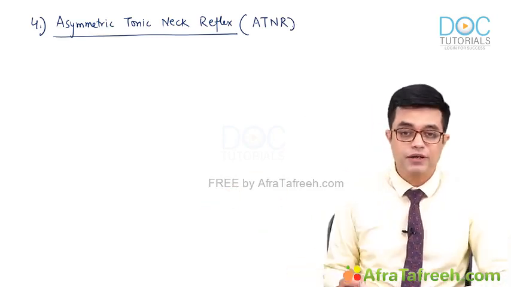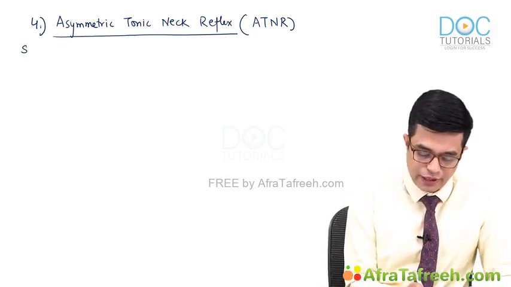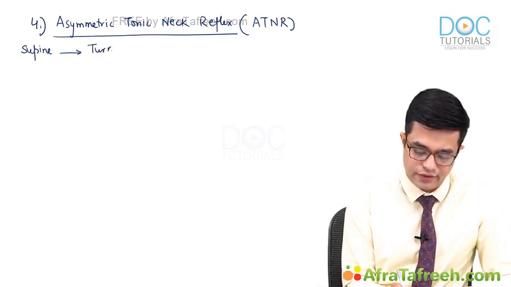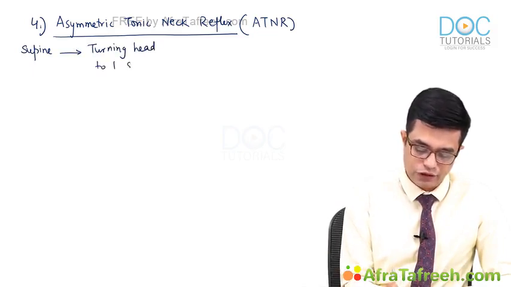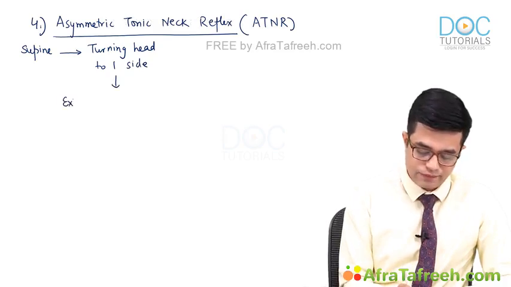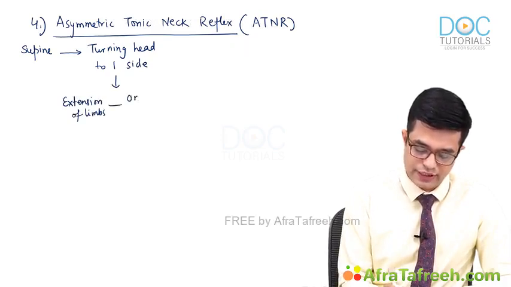That is called asymmetric tonic neck reflex. So what is asymmetric tonic neck reflex? In a supine child, on turning the head to one side, you will find that there is extension of the limbs, both upper and lower limbs, on the same side.